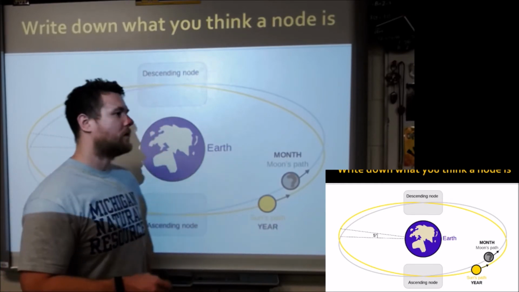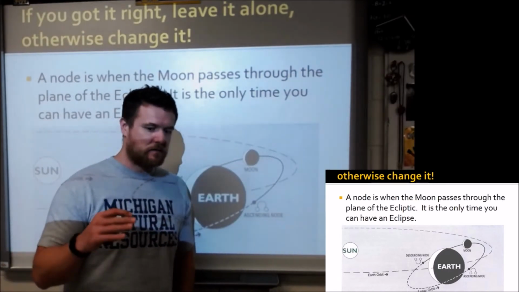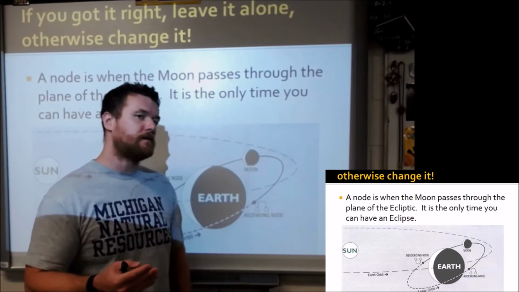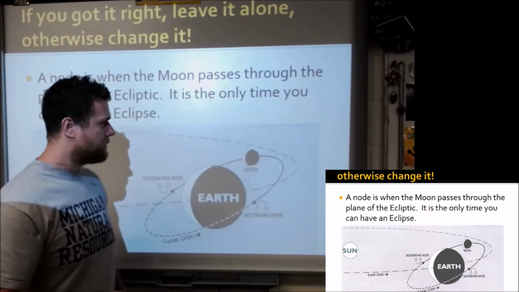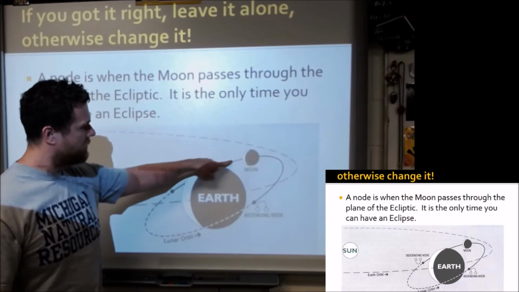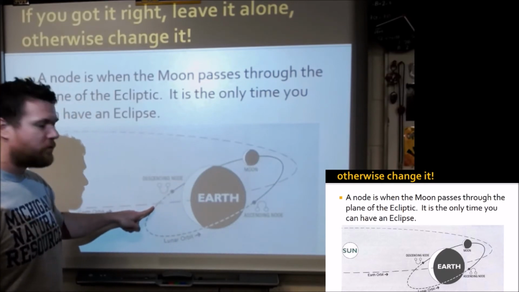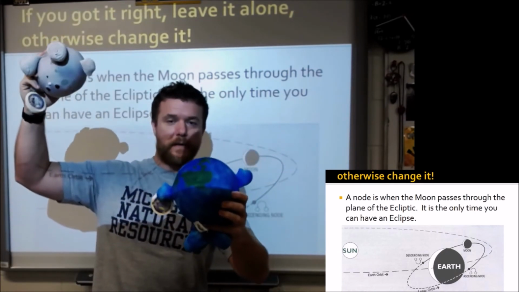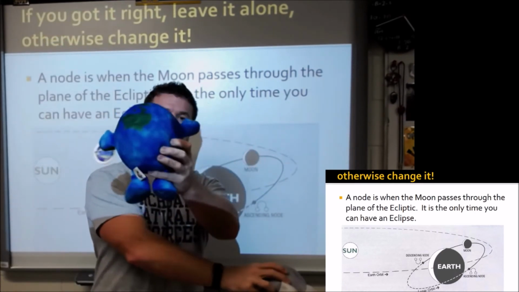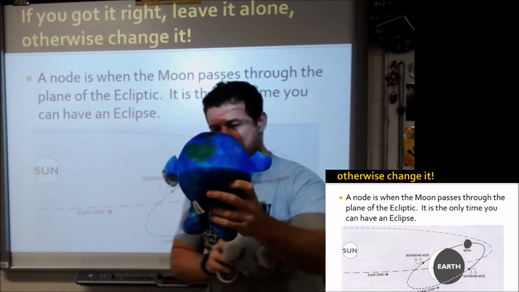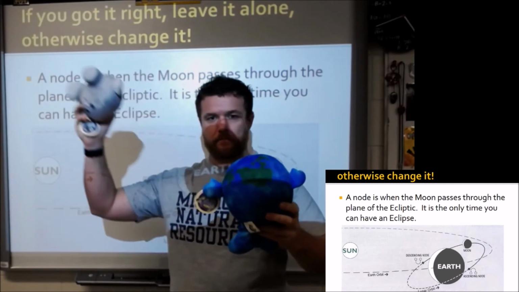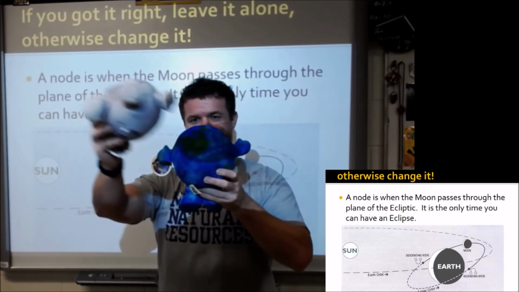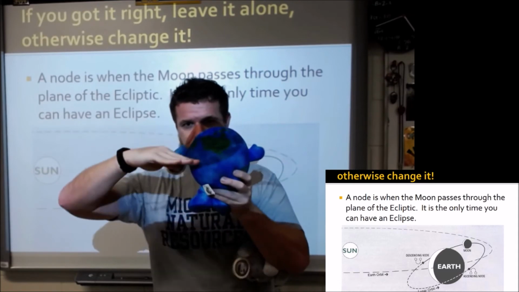N-O-D-E, a node. Well, we just learned that the moon orbits in a tilted orbit compared to what the Earth orbits around the sun. And if the moon passes through that plane of the ecliptic, you guys are the sun, oftentimes the moon is either going to be above the plane of the ecliptic or below the plane of the ecliptic. When it passes directly through that plane, if you guys are the sun, this is the plane of the ecliptic right here.